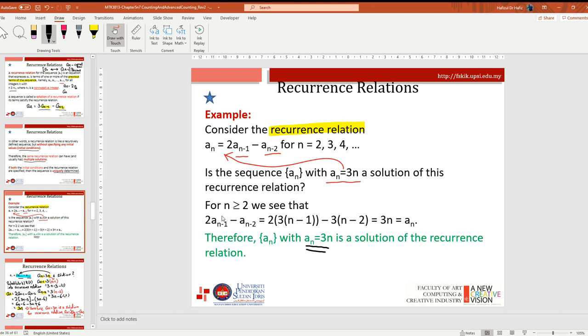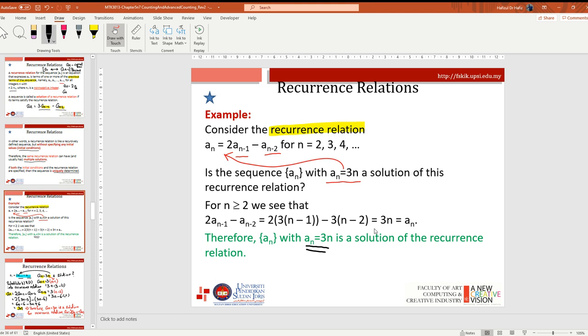So for n greater than or equal to 2, we can see that 2a_{n-1} minus a_{n-2} is equivalent to, kita gantikan nilai tu, 2(3(n-1)) minus 3(n-2).